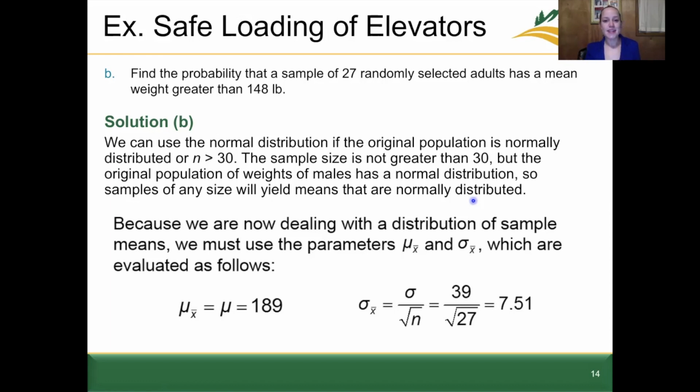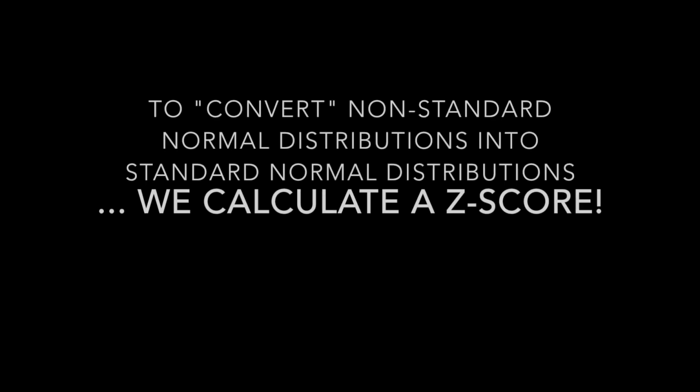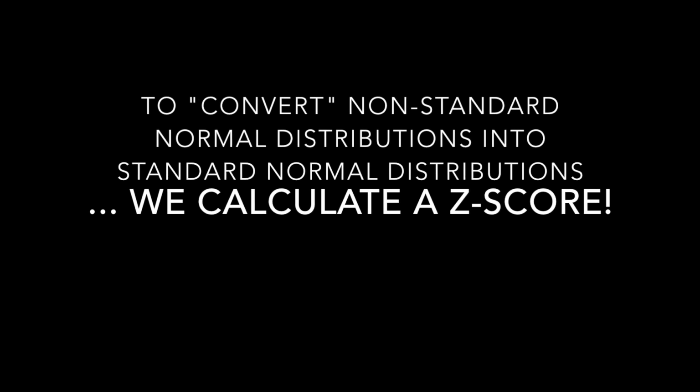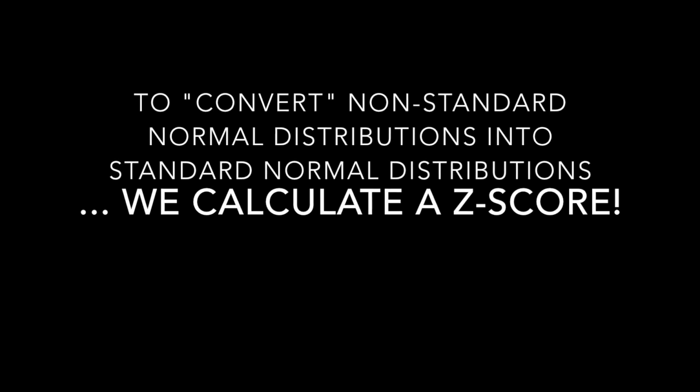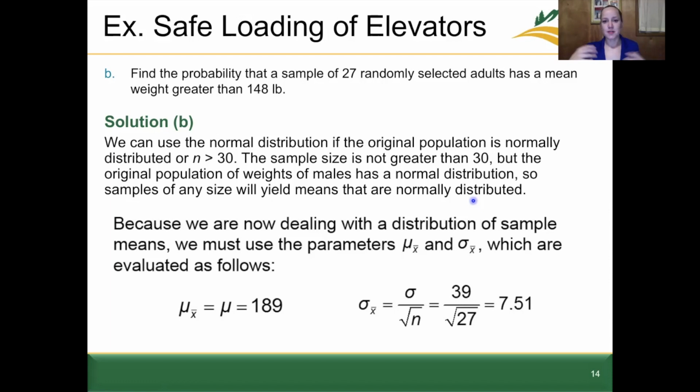If it's a non-standard normal distribution, that's okay too, because we know how to convert non-standard normal distributions into standard normal distributions. And remember, that's what we did in 6.2. So keep that in mind moving forward. This whole chapter is about normal distributions.